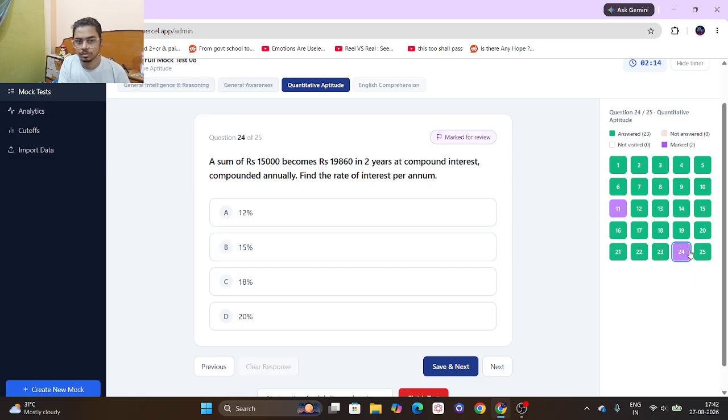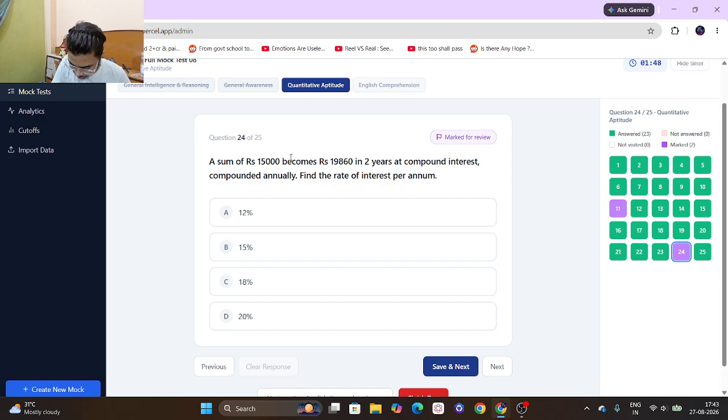Let's do this also. A sum of 15,000 becomes 19,860 in 2 years at compound interest, compounded annually. Find the rate. Amount is equal to P into 1 plus R by 100 to the power n. Amount is 19,860, P is 15,000. 1 plus R by 100 to the power 2.